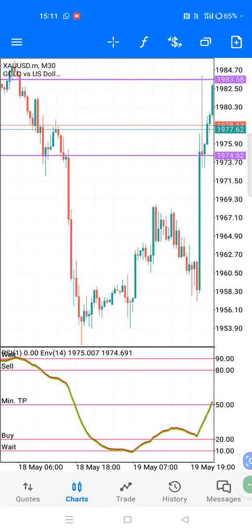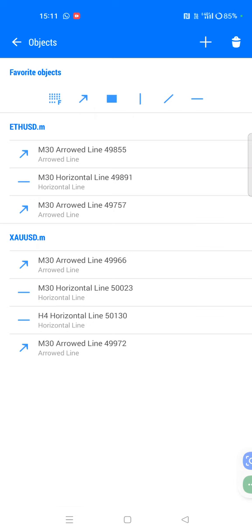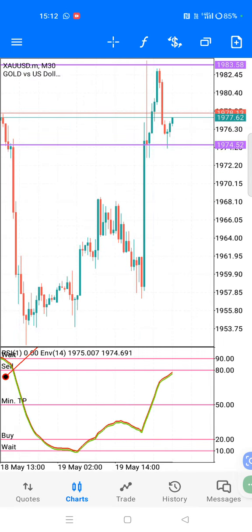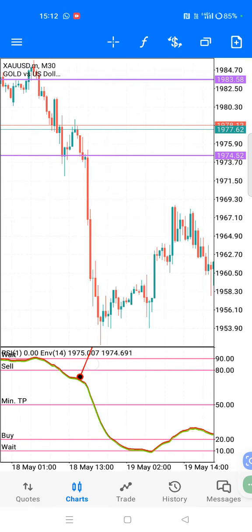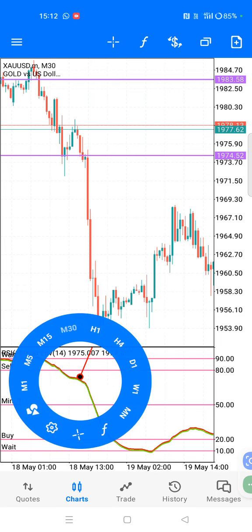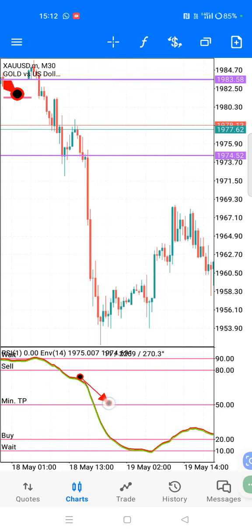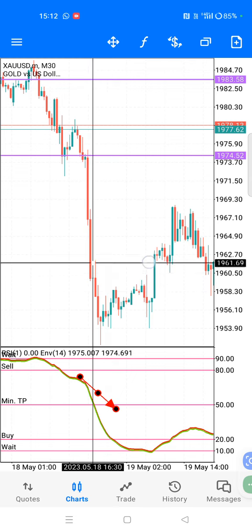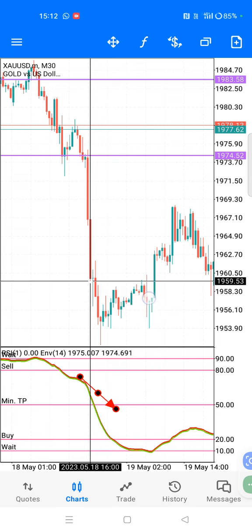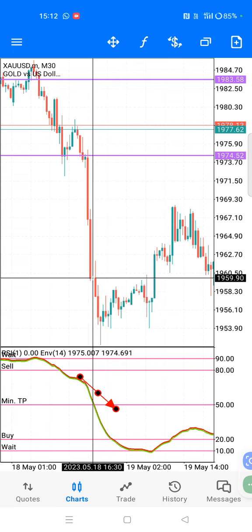Okay, so when you go to M30, once you already sell there, my minimum, like I said, this is the line of minimum take profit, which is the 50 line. I won't know when the two envelopes will go to the 50 line.